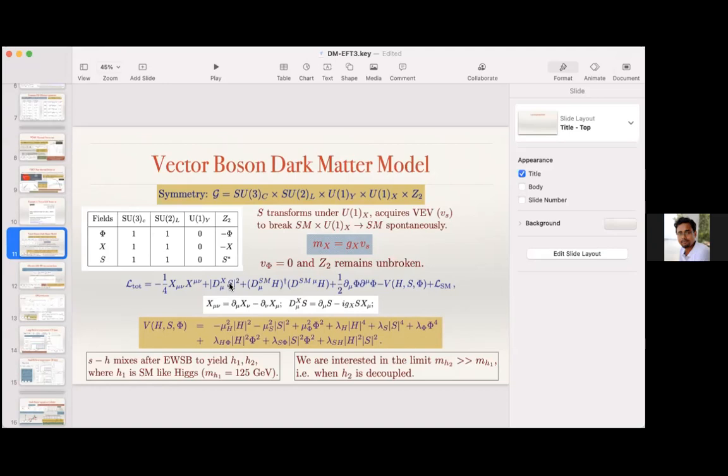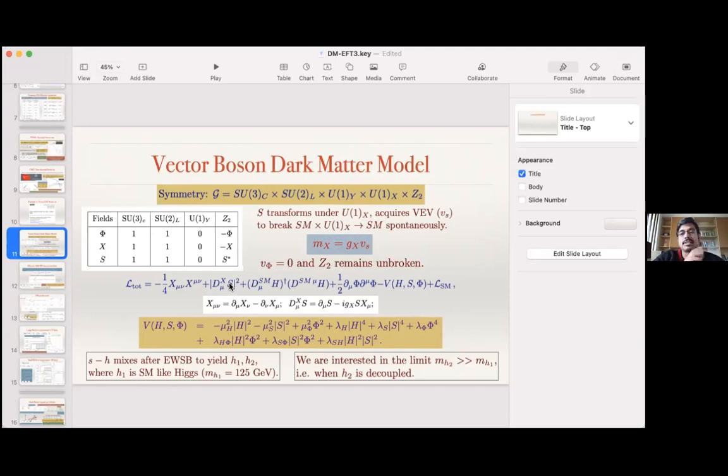So this is the transformation that we demand so that we can build the model. Whenever you have an added gauge group like U(1)_X, and you want that gauge boson to transform under an additional discrete symmetry like Z2, like X going to minus X, then the scalar which is transforming under the same gauge group must transform like S going to S star under that discrete symmetry Z2.